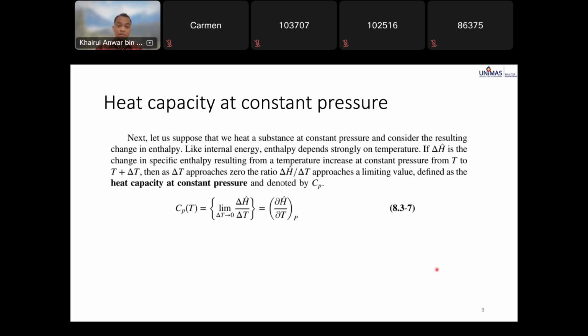Next, let's suppose that we heat a substance at constant pressure and consider the resulting change in enthalpy. Like internal energy, enthalpy depends strongly on temperature.